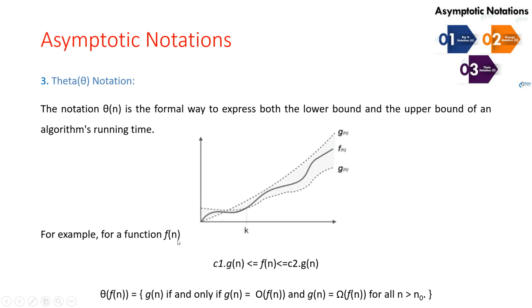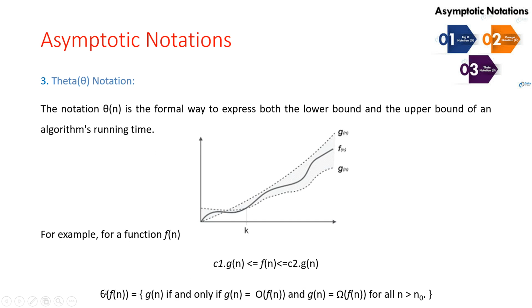For example, if your f of n function is less than or equal to a constant value of g of n, that is this graph first, and a constant value of g of n is less than or equal to f of n. That means f of n is greater than a constant value of g of n first and less than a constant value of g of n second. So in that case, we get the average value here. So this is the theta notation.